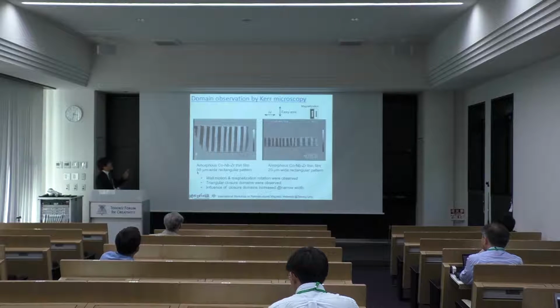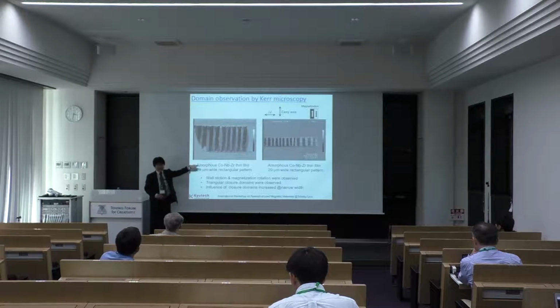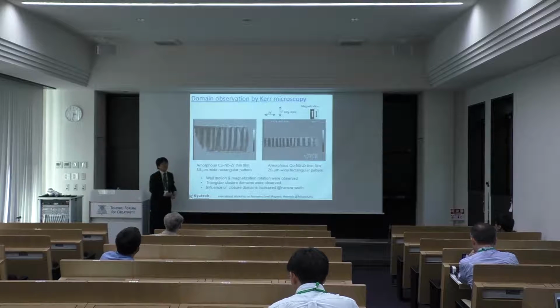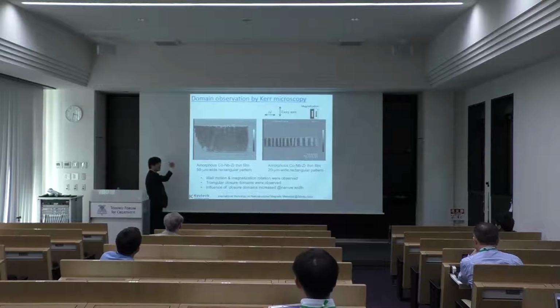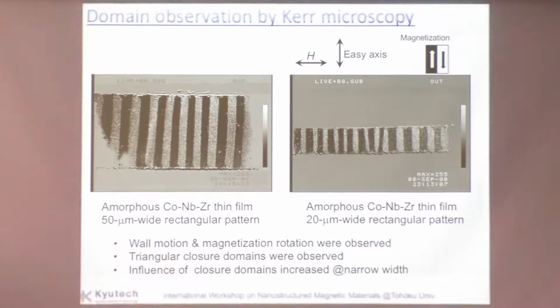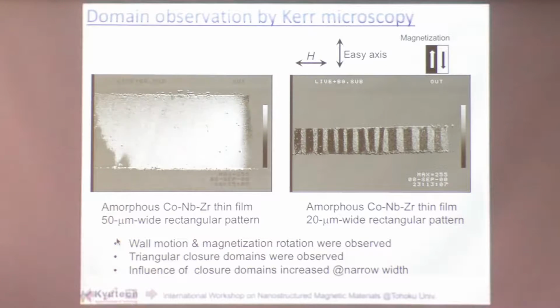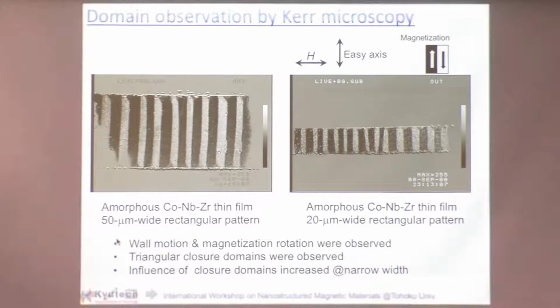In this case, the easy axis is along this direction, and the magnetic field is along the hard axis direction, and the magnetic field was swept from the positive field direction to the negative direction. You can see the striped domain pattern, domain wall motion, and magnetization rotation.